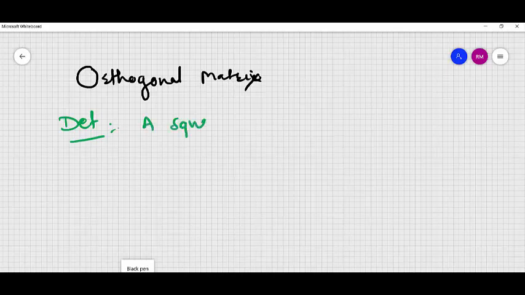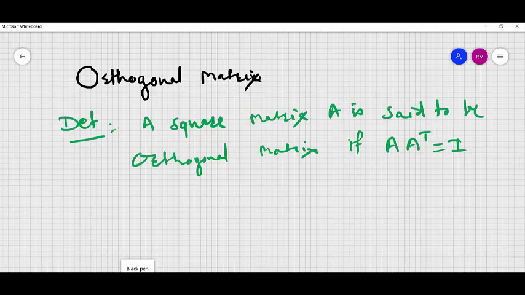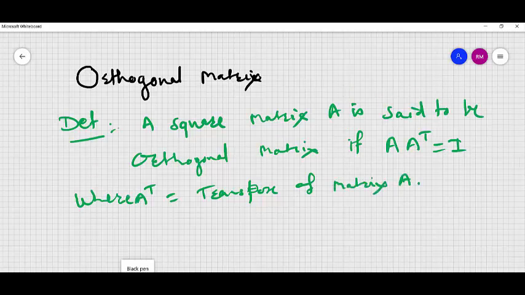A square matrix A is said to be orthogonal matrix if it satisfies this condition: A into A transpose is equal to identity, where A raised to T, that is transpose of matrix A. Now we take example.